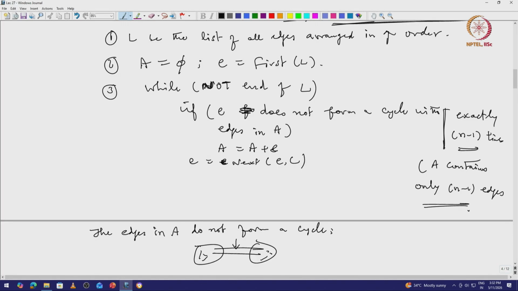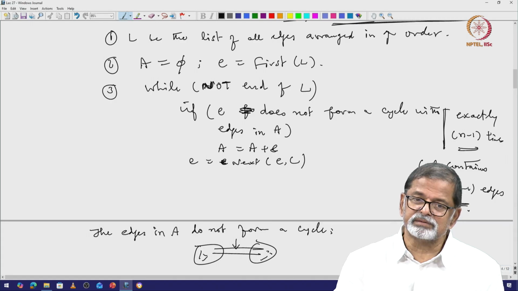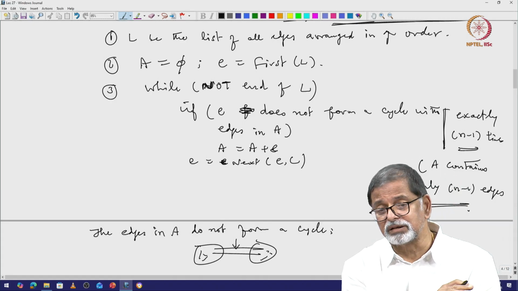The cheapest one among these you should include, you can't afford to ignore that, because it is not forming a cycle. Any crossing edge has a potential to get included.